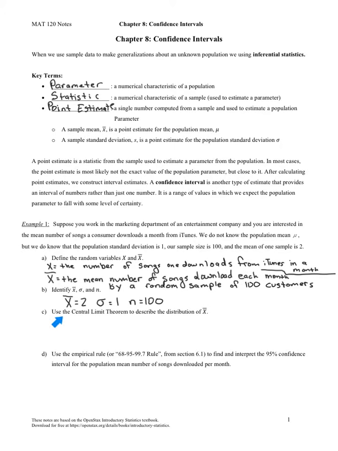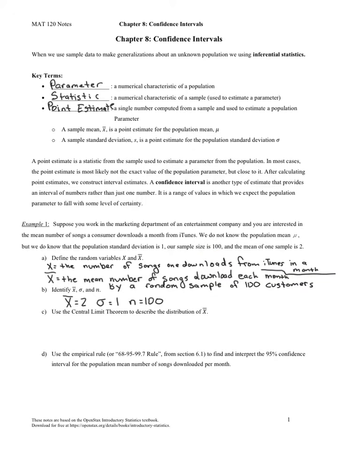In letter C, we're asked to use the central limit theorem to describe the distribution. Can we use the central limit theorem here? Our sample size is 100, and since that's greater than or equal to 30, we're allowed to use the central limit theorem.